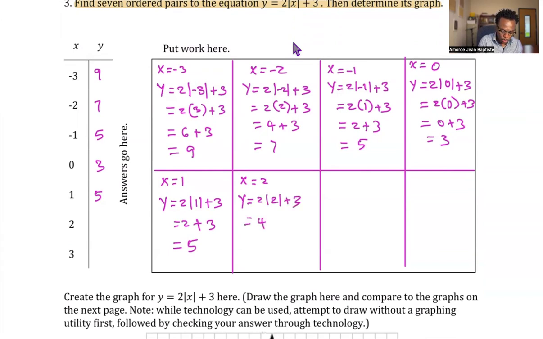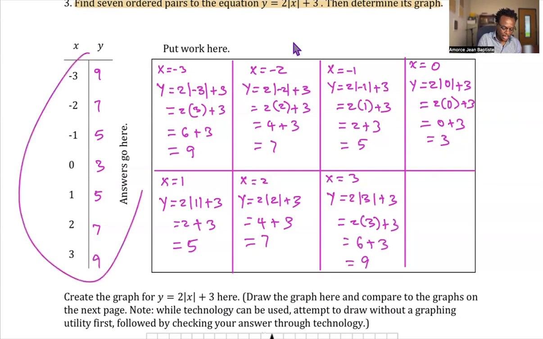That's 4 plus 3, 7. And then finally, x equals 3, y equals 2 absolute value of 3 plus 3 equals 2 times 3 plus 3, 6 plus 3 equals 9.